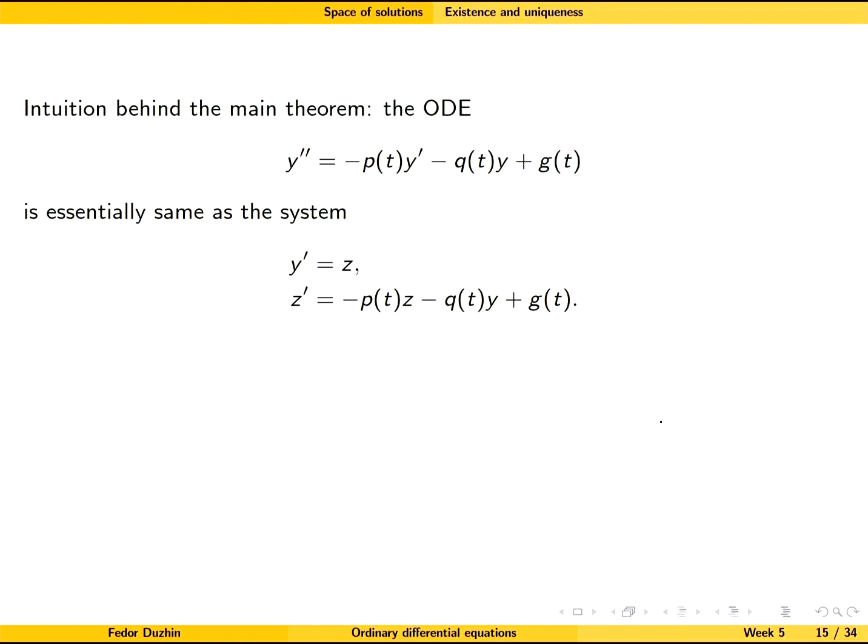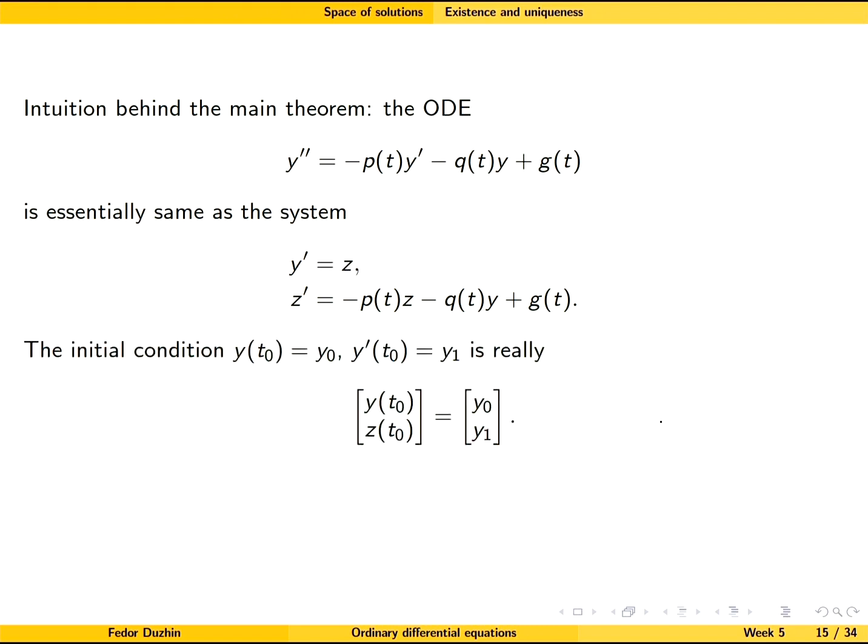Now here is the main reason why this theorem holds: you can convert one second order differential equation to a system of first order differential equations by introducing a new variable that represents the derivative of the unknown function.